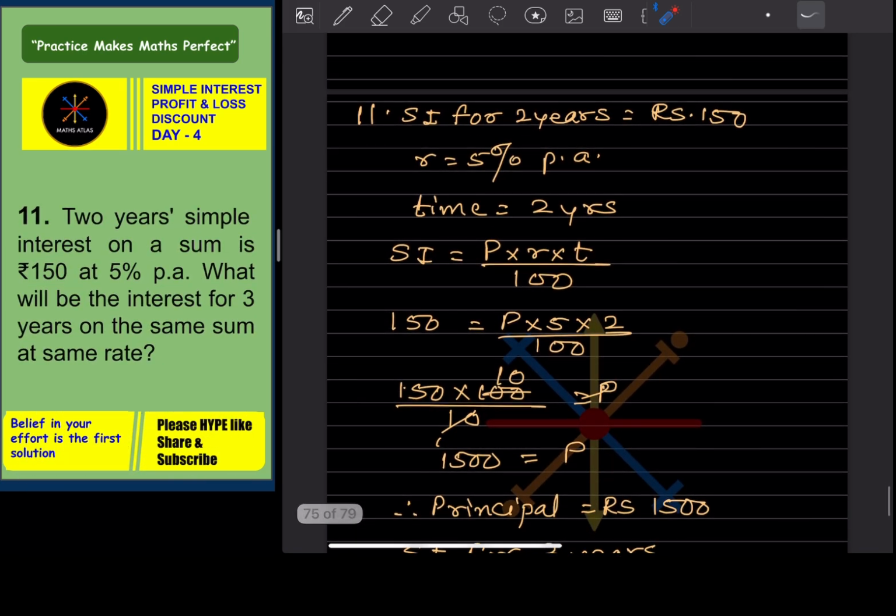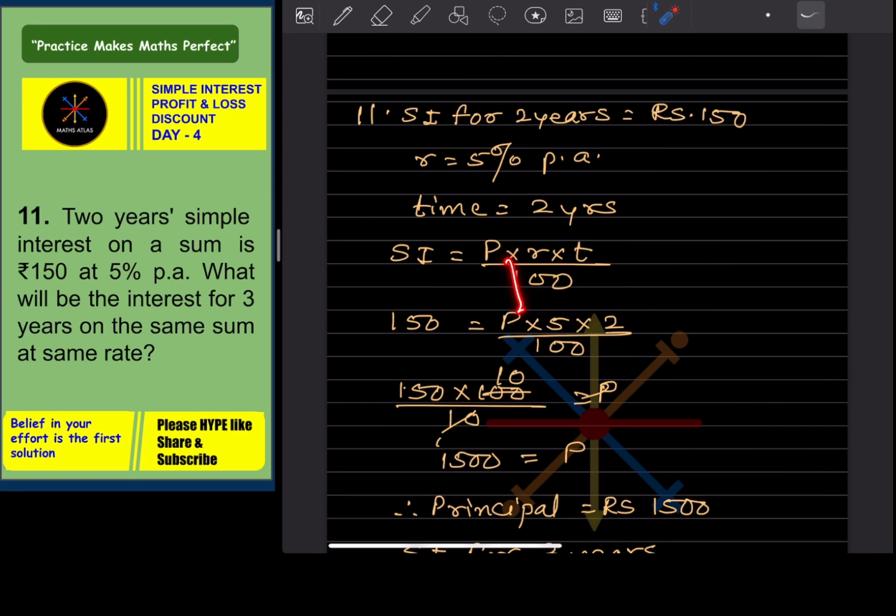Two-year simple interest on a sum is rupees 150 at 5% per annum. What will be the interest for 3 years on the same sum at the same rate? Now the simple interest for 2 years is given as 150. The rate is given as 5% and the time is 2 years. So we can use the simple interest formula. Simple interest is P into R into T by 100, and the simple interest is given as 150.